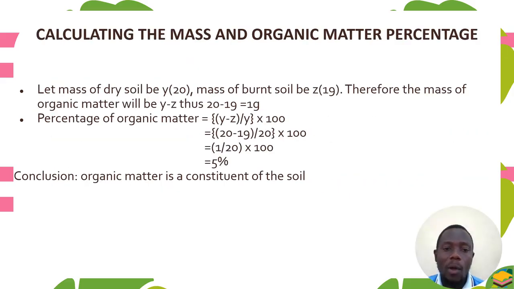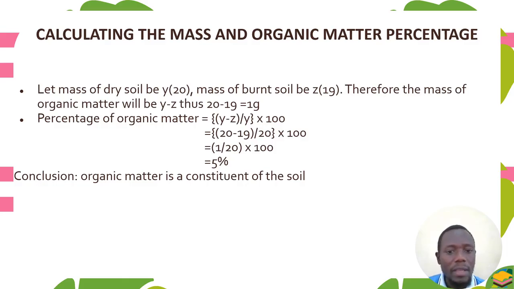Then let's look at how to calculate the mass and percentage of organic matter. First of all, let the mass of dry soil be Y. If you remember from the last slide, we found that the mass of dry soil is 20.